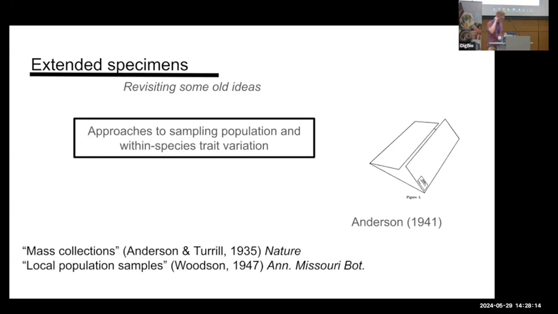Cool. And another old approach, as I was writing this paper, that I legitimately just stumbled upon, and maybe some of you already know, is this idea of mass collections, or what others have called local population samples. As a functional trait ecologist, I was trying to think of ways to archive trait variation.